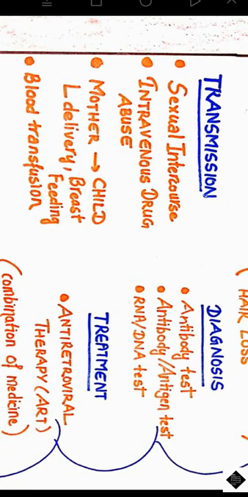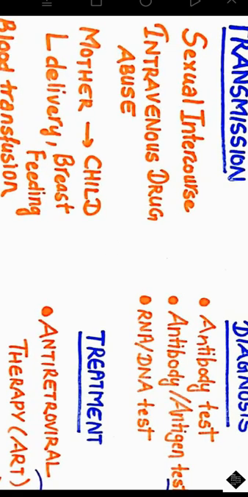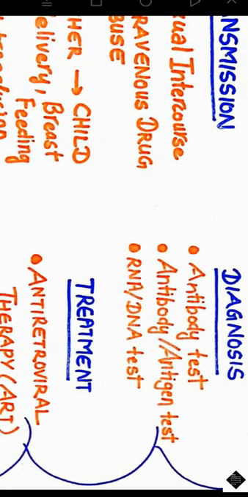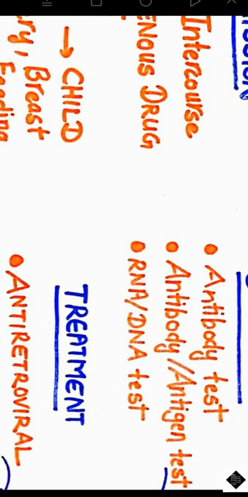Now, when we are talking about the diagnosis of the disease, it involves the antibody test, the antigen test, and the RNA DNA test. The most common and effective method is the screening process. The recommended test is the antigen antibody test, which is better at identifying early infection. The antibody test looks for the antibodies the body made against HIV.